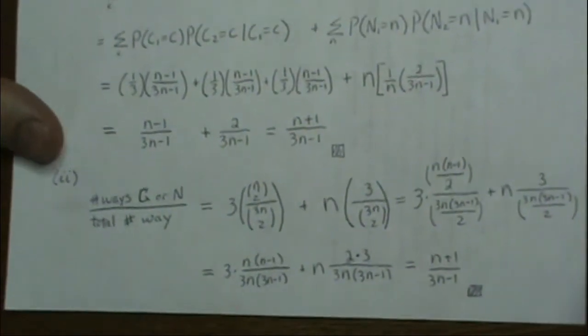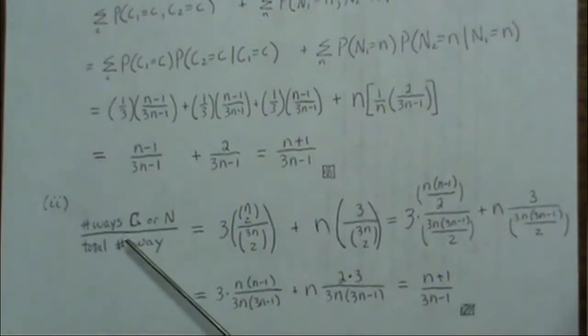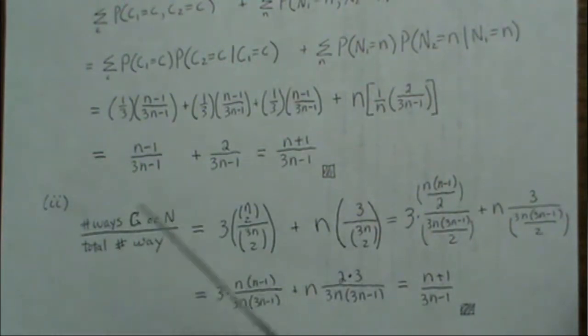So now the second way to do it is, if we think about the number of ways that capital C or capital N can happen, so that's the number of ways that we can have the same color or the same number over the total possible ways that we can draw 2, is this. So the denominator is 3n choose 2, so that's the total number of ways.